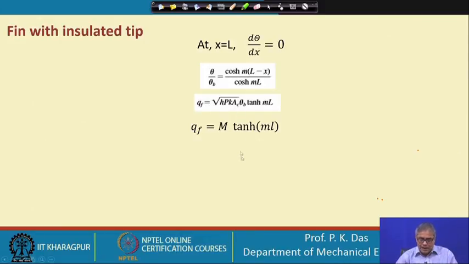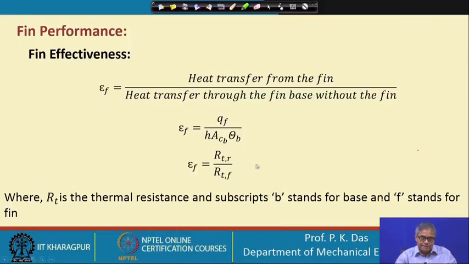Okay. With this, if we go to the next slide, we have got the heat transfer and we have got the temperature distribution. If you recall, probably the most common type of fin we have taken is a longitudinal fin, either of rectangular cross section, or some sort of a pin fin.